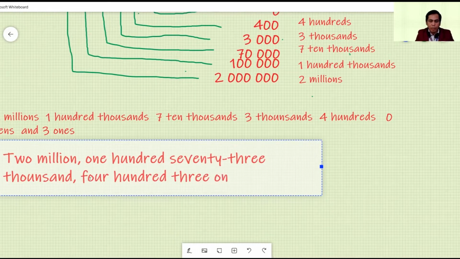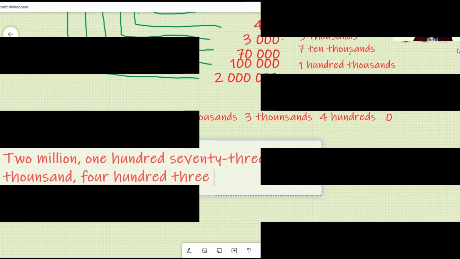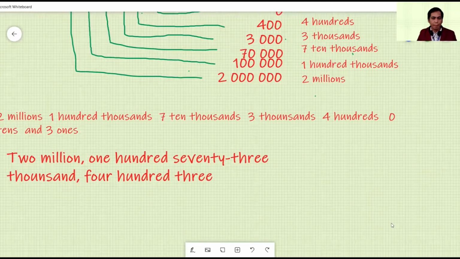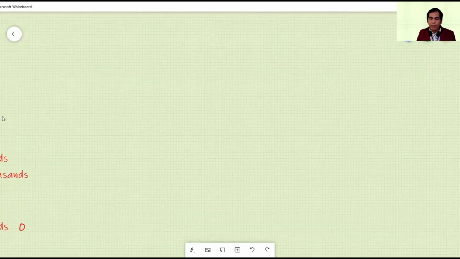So we will not put here 403 ones. No more. So we have to take out the ones period. But for other periods, you have to include that in writing or in reading the numeral. So, in other words, our numeral is 2,173,403.